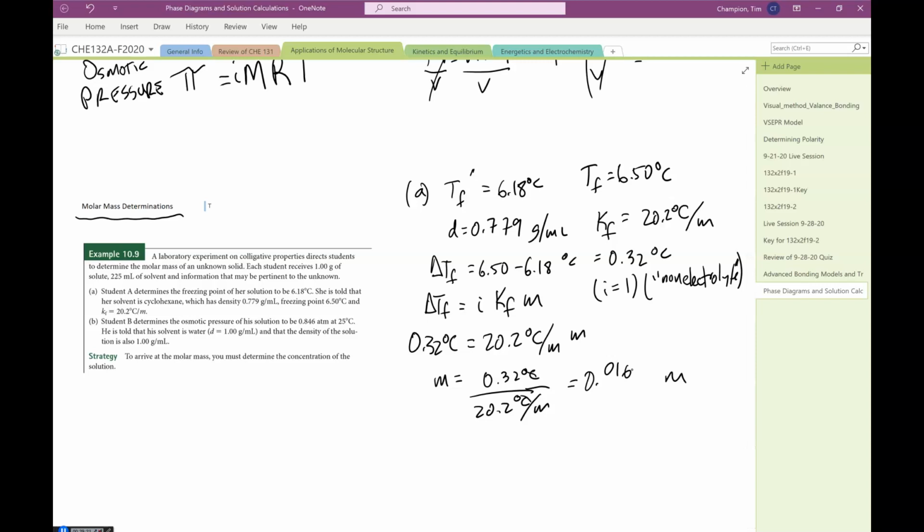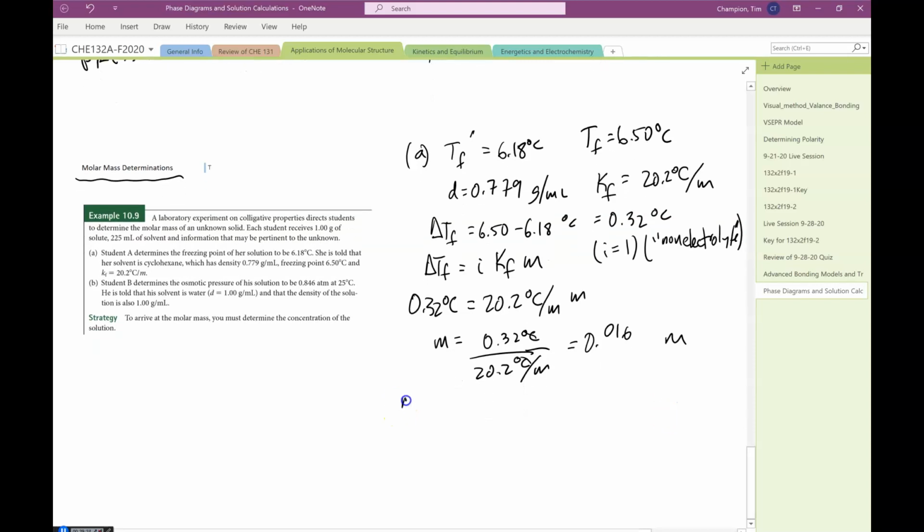Well, let's consider what we can do with that. Molality is moles of solute over kilograms of solvent. So what do we know about our solvent? Well, we know its density, and we know we had 225 milliliters of it.